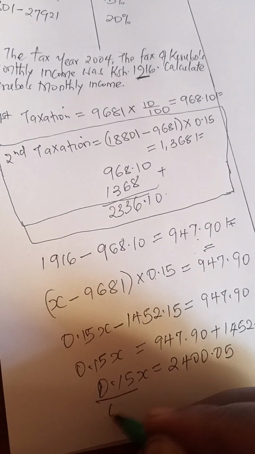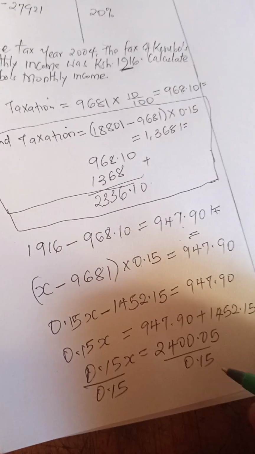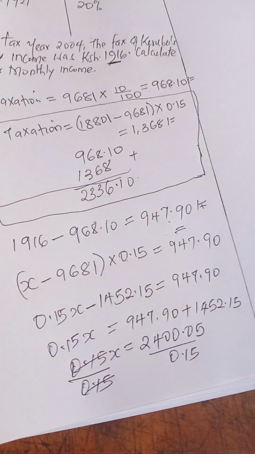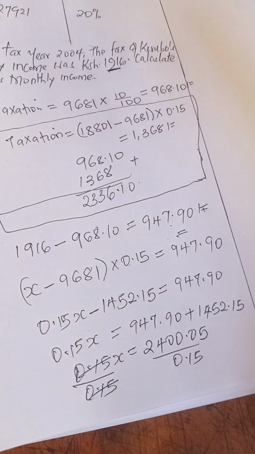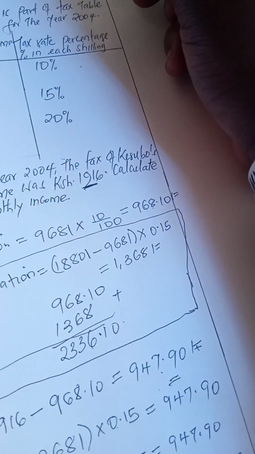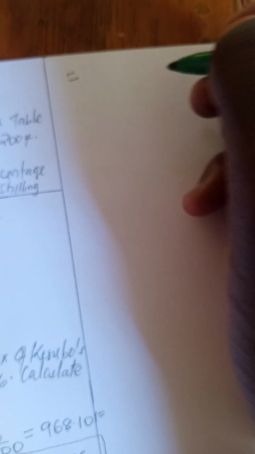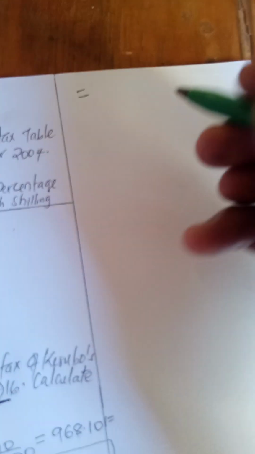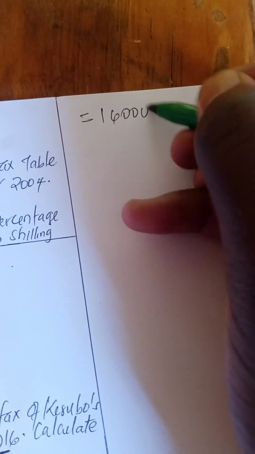If we divide through by 0.15, you get 16,000 and 33 cents.